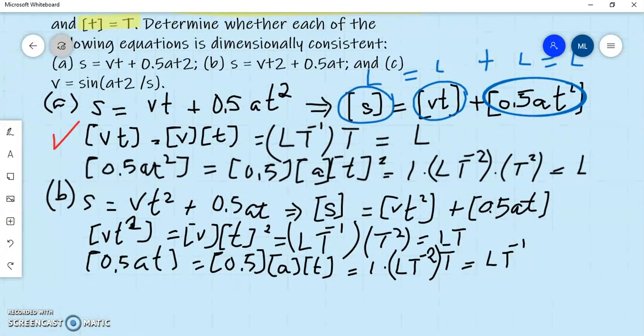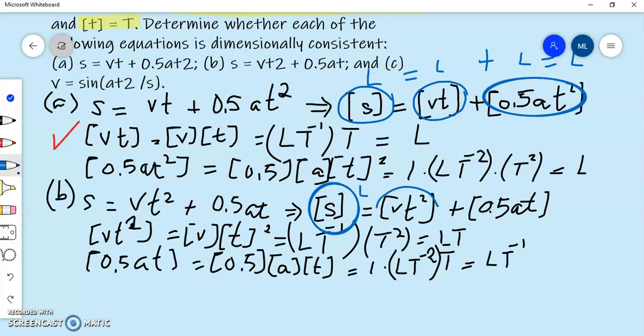So let's go back and see what we have here. This gives us an L. This one gives us an L T. And this one gives us an L T to the minus 1.